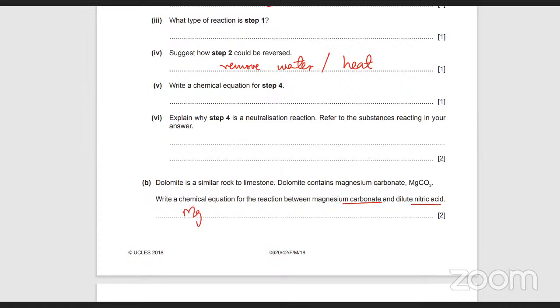So carbonate, when it reacts with nitric acid, क्या बनेगा? Salt, water, and carbon dioxide.